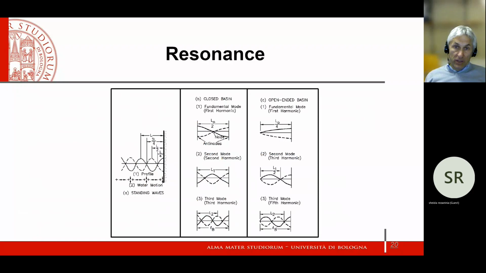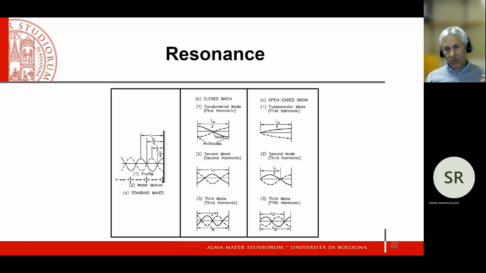So you can understand with only one node what is the period of the incoming wave that is concerning. Then you increase the number of nodes for closed basins and for open-ended basins. You see in the middle row, you have two nodes for both cases, closed basin and open-ended.